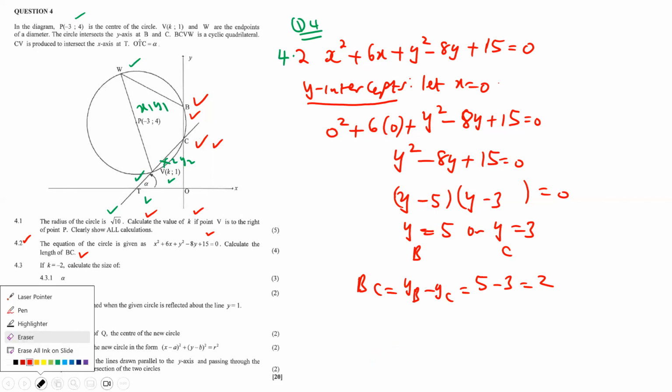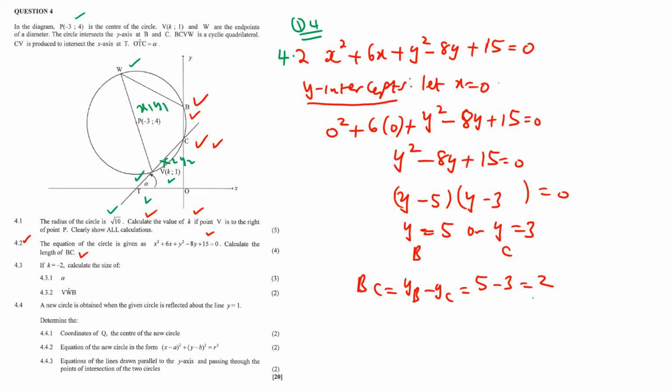So BC is equal to 2 units. Right, so we did 4.2, and the next thing is to look at 4.3.1: if k is minus 2, calculate the size of alpha.